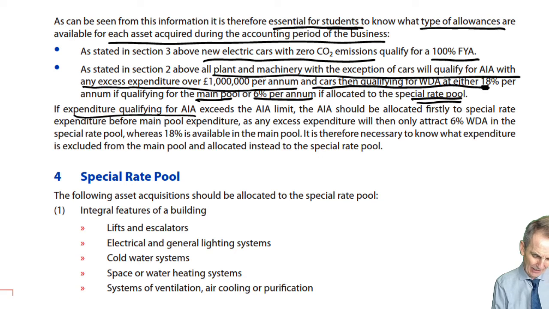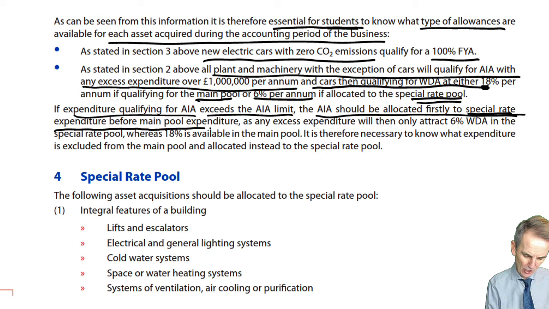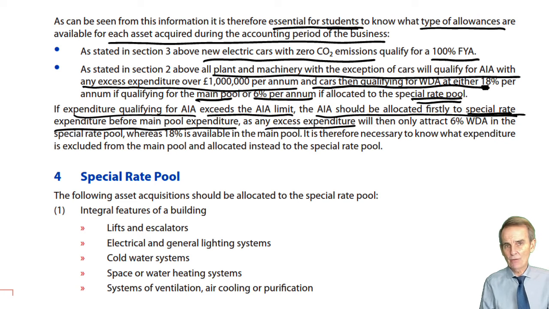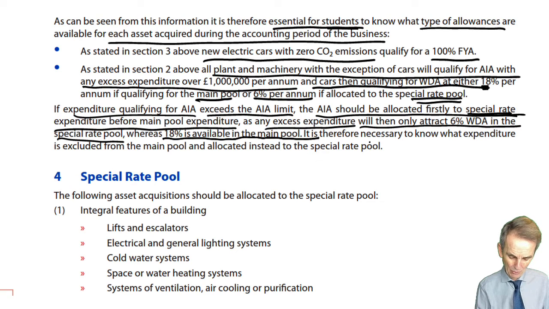Expenditure qualifying for AIA, if it exceeds the AIA limit, then the AIA should be allocated firstly to special rate pool expenditure before main pool expenditure. The reason being, any excess over your 1 million, or whatever your relevant AIA limit may be, will then only attract 6% WDA in the special rate pool, whereas 18% is available in the main pool.